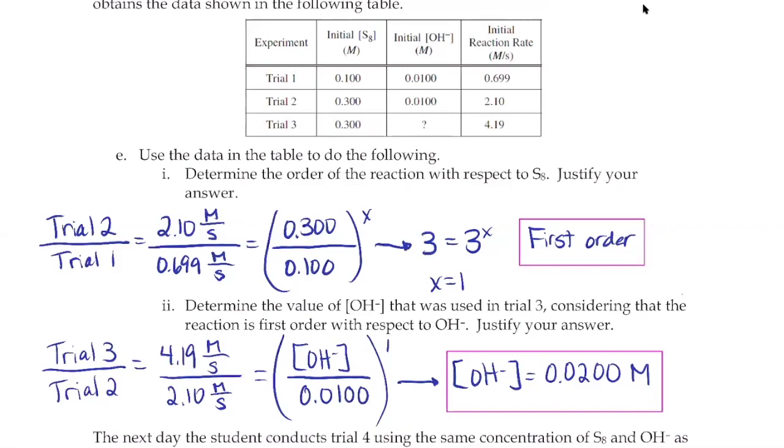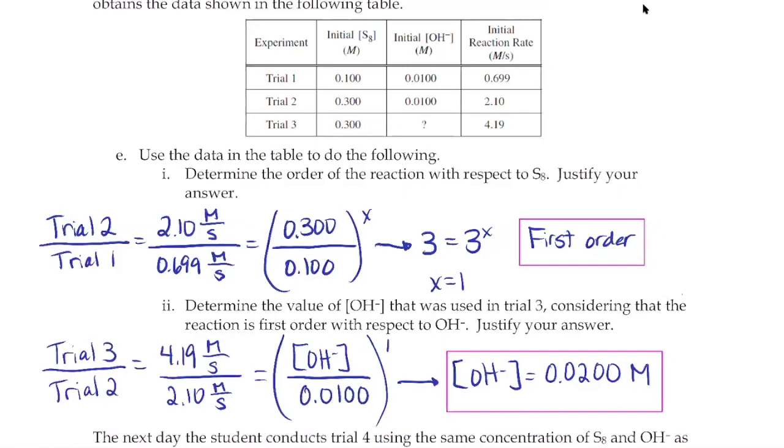Now, the question mark in the data table for the molarity of hydroxide: it's telling us it's first order with respect to hydroxide. So I looked for 2 trials where just the hydroxide is changing and nothing else.